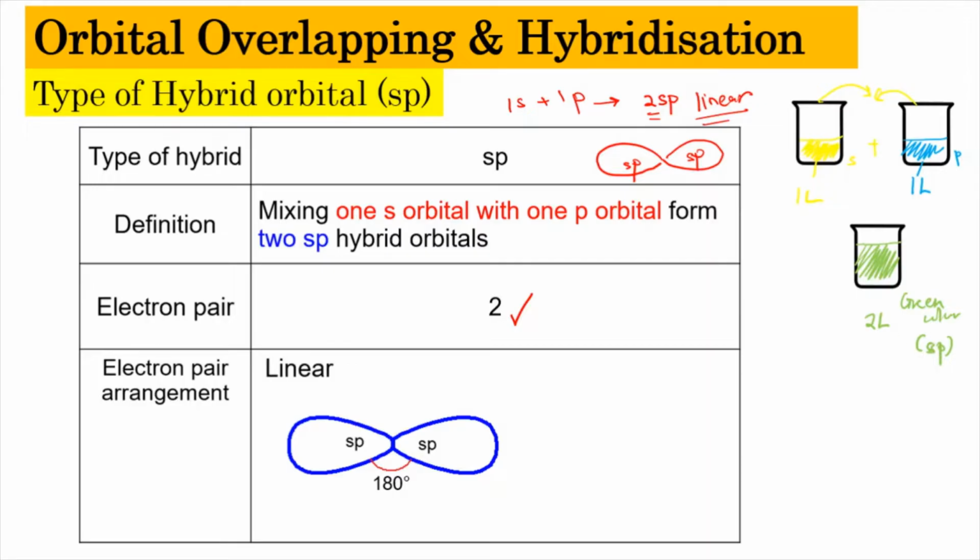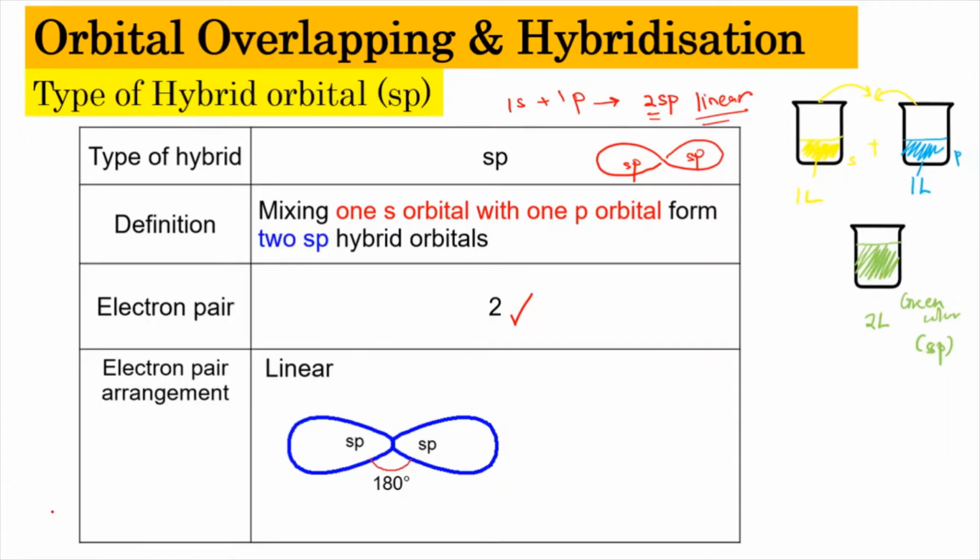They have the same energy and the same color. Before this, they came from different energies. But once they mix together, they have similar energies, or degenerate orbitals, known as the sp hybrid orbitals.